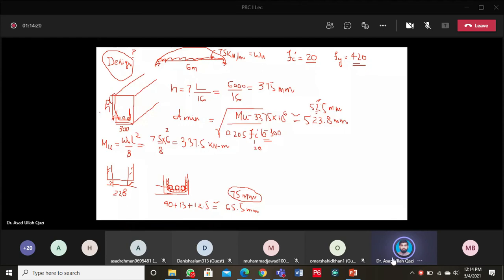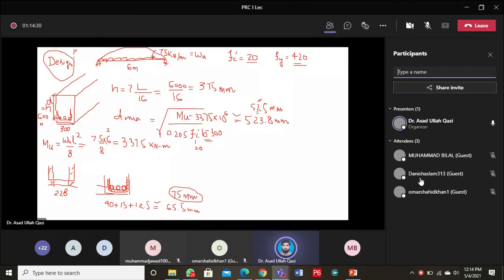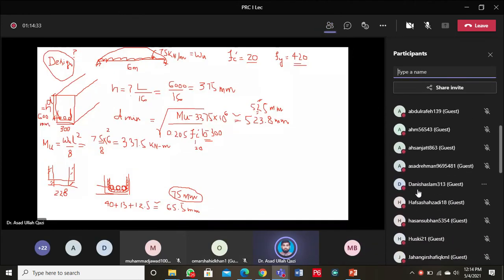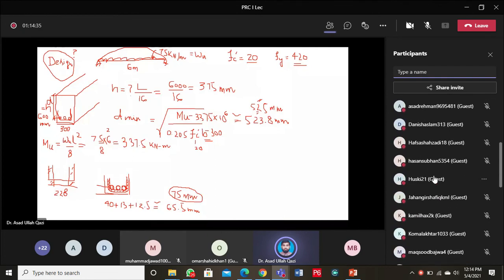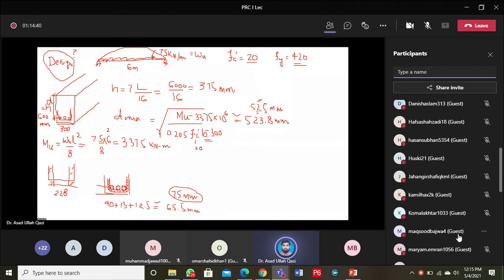So as a whole, H I got 2 fit, 600 millimeter. 2 fit beam, 2 fit deep, 600 millimeter deep beam. So it is 1 fit by 2 fit.